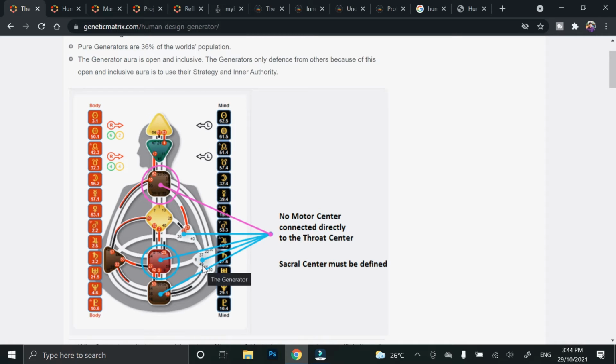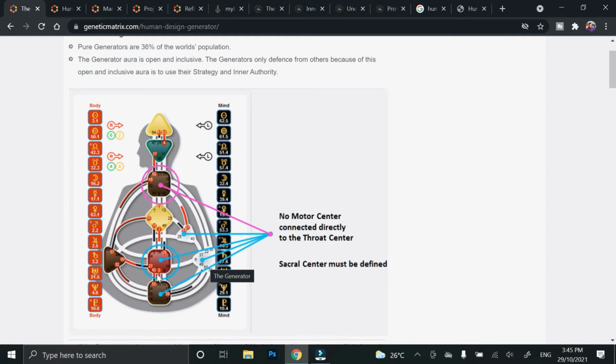They do not have a solar plexus, sacral center, heart center or root center connecting to the throat. So you will notice that it's not connected, indirectly or directly. That said, a generator can still have a defined throat just like in this chart. The only difference is that it will not be connected to any of these 4 motors that you see over here.